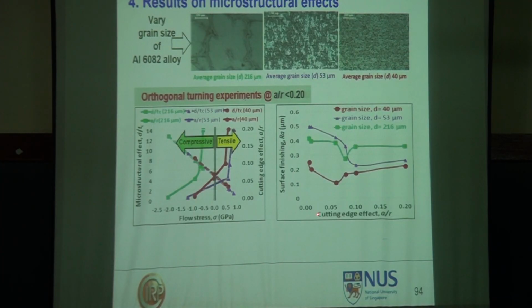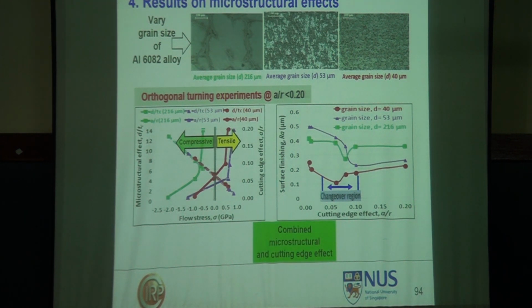Now you see, this interesting thing is that around that, within this, in a very short range, there is changeover taking place. For different grain sizes, this is the changeover range.